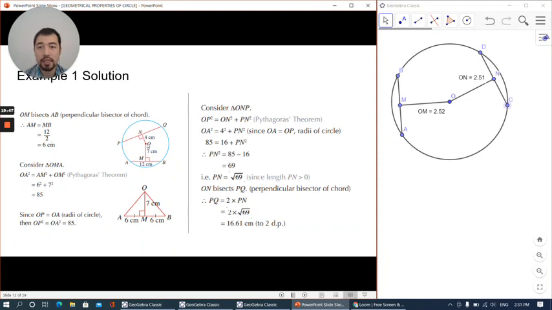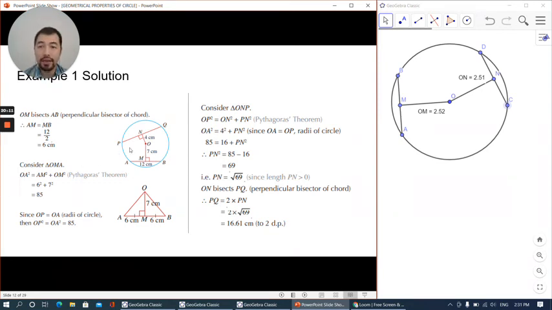Now we want to consider the other triangle, ONP. So OP squared equals ON squared plus PN squared, Pythagoras theorem.